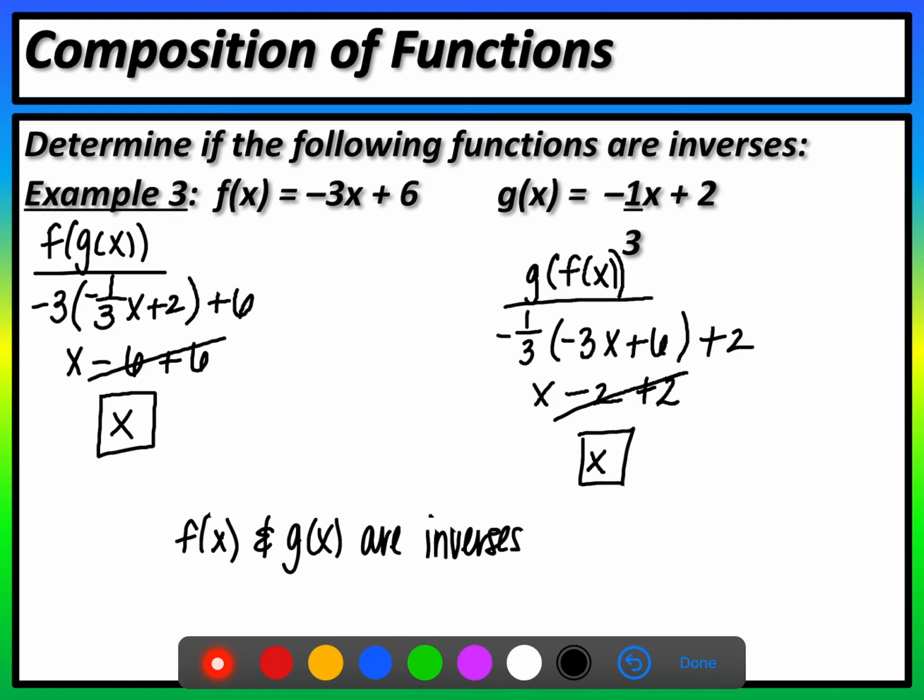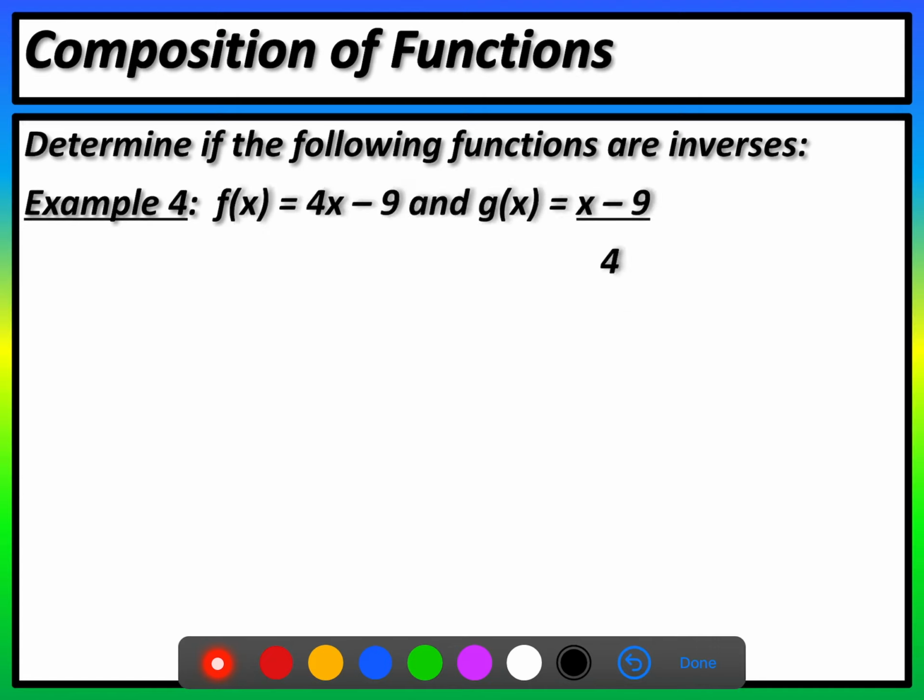Okay, let's try one more. All right, so one of these is a rational function. So we're just going to have to watch our algebra when we simplify each of our compositions. It might not be as simple as the last time. All right, so I'm going to take that rational and plug it in.